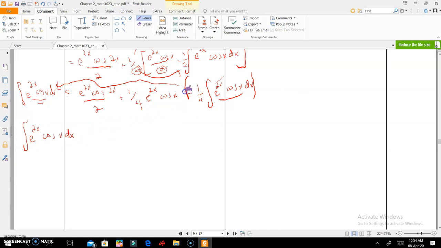So you have a minus there, minus here, you bring to the other side, it become plus the integration of 1 over 4 exponent 2x cos x dx is equals to all this part, which is you're going to get here exponent 2x cos 2x over 2 plus 1 over 4 exponent 2x cos x.